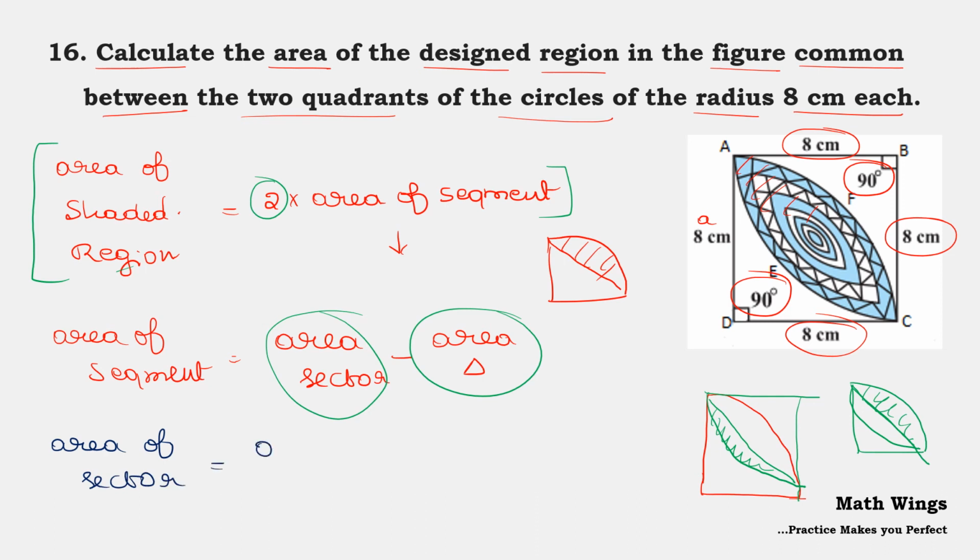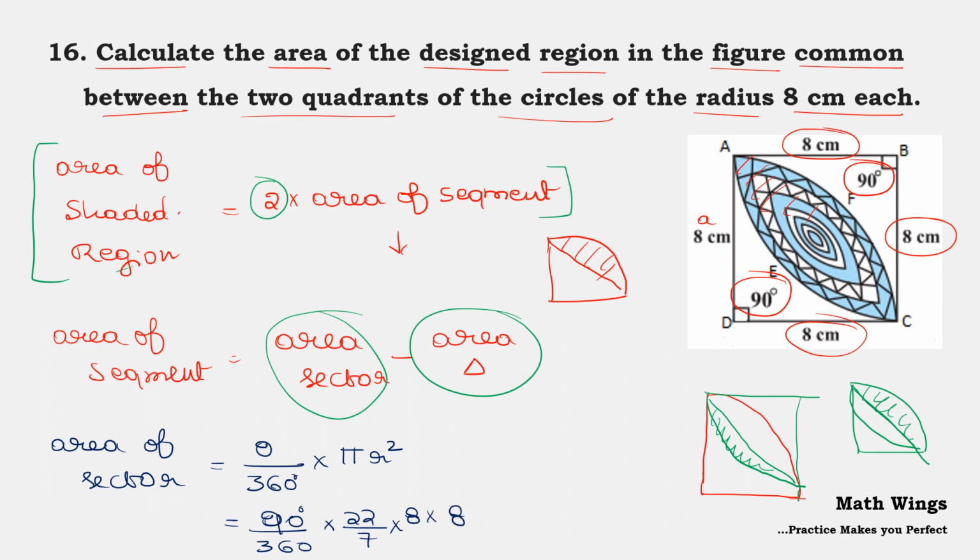The area of the sector is equal to theta by 360 degrees into pi r square. Since they have not asked us to take pi as 3.14, I can just go with pi as 22 by 7. Theta is 90 degrees over here. So it is 90 by 360 into 22 by 7 into r square, where r is 8 centimeters, so 8 into 8.